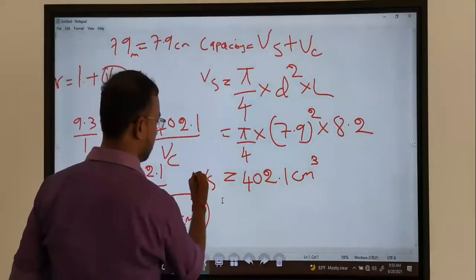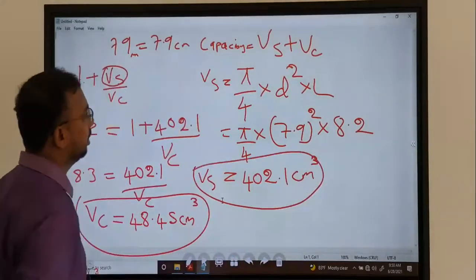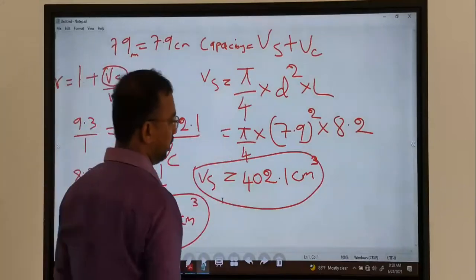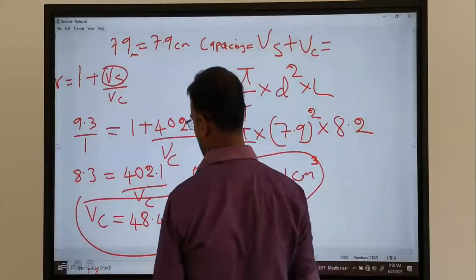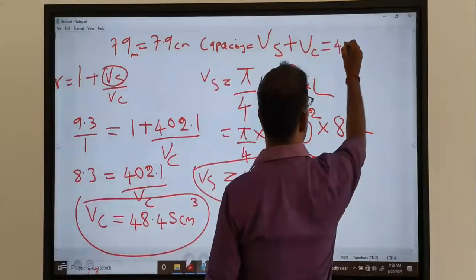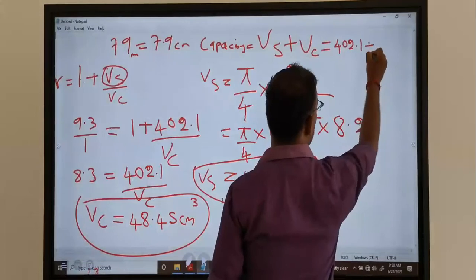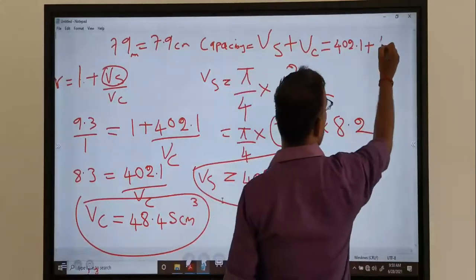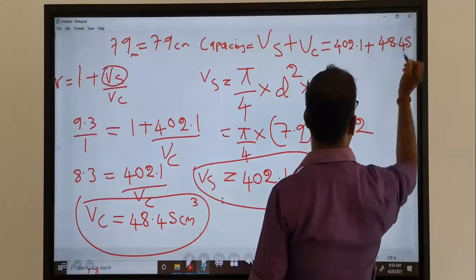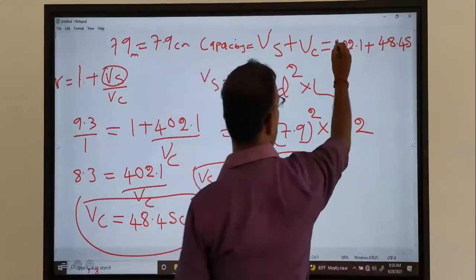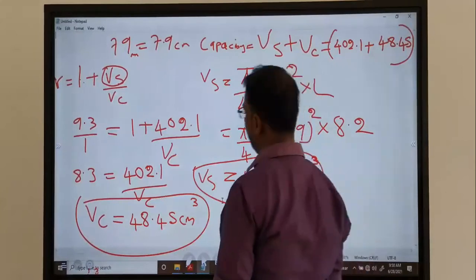Here Vs. So what is capacity? Vs plus Vc. But here you can see, is this enough?